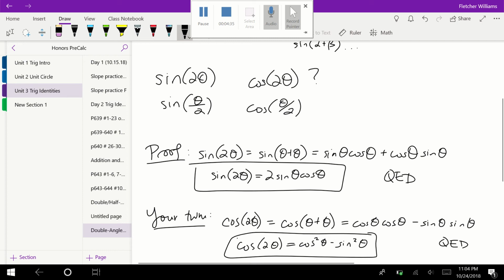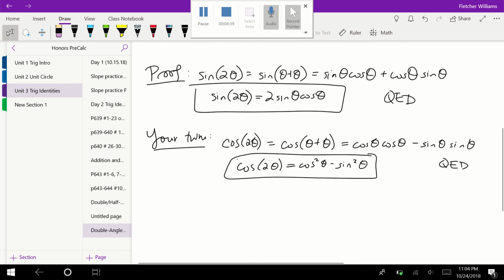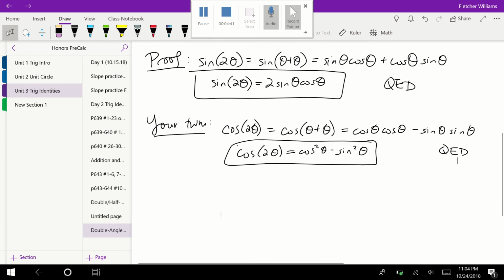QED. But maybe you want to have it just in terms of sine, or maybe you want it just in terms of cosine. So you could start with the cosine squared minus sine squared, and you could substitute.